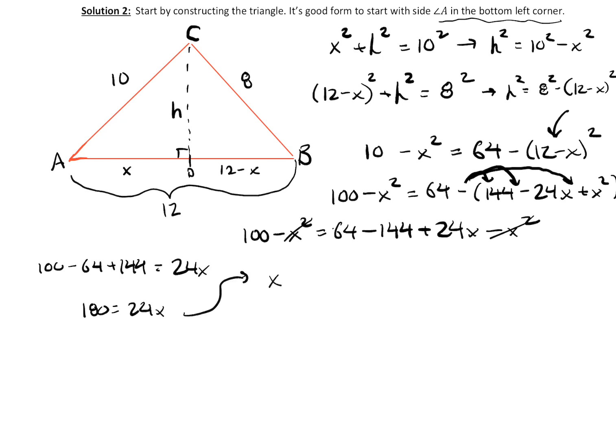So x is equal to 7.5. So now you know that this is 7.5. And you know that the 12 minus x is going to be 12 minus 7.5, right? And 12 minus 7.5 is 4.5. So you know that that is 4.5.